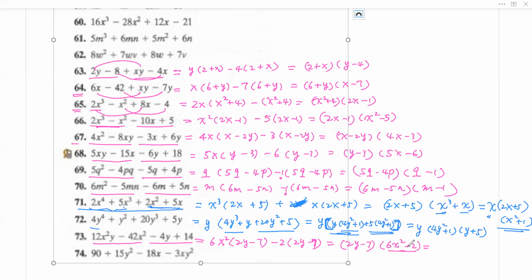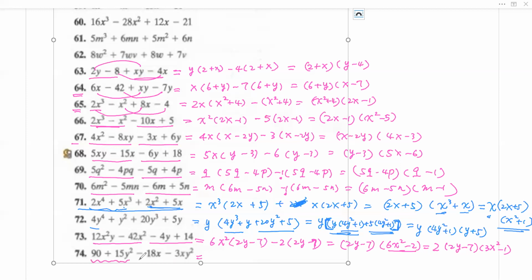Because of this one, 2 is their common factor. So we take the 2 out. All right, so here is 3x squared minus 1. So you can see each step builds on find the greatest common factor, find the group factor, and then continue factoring, continue factoring.